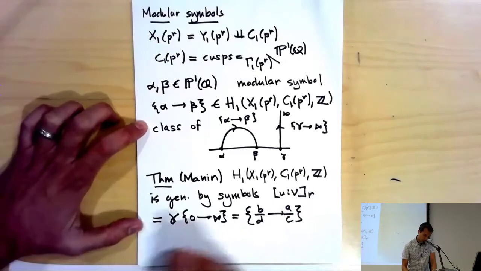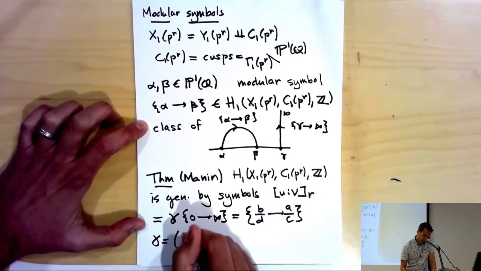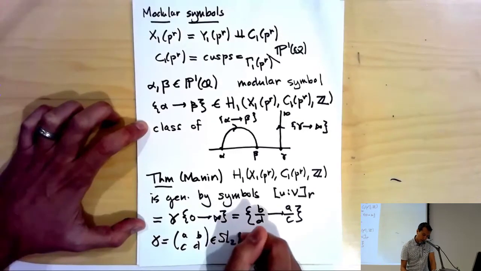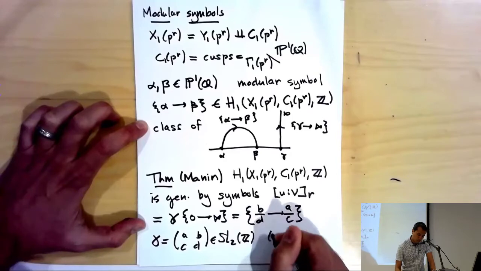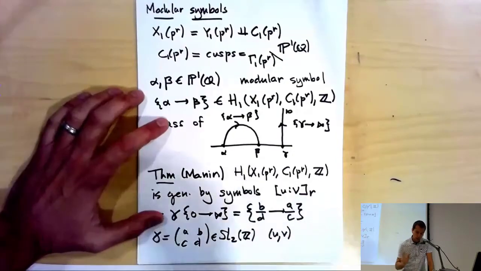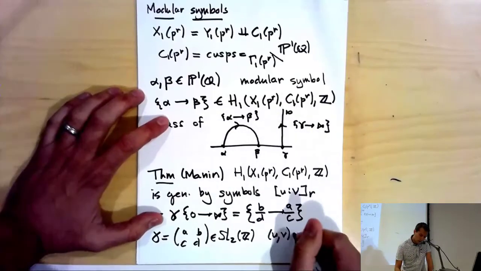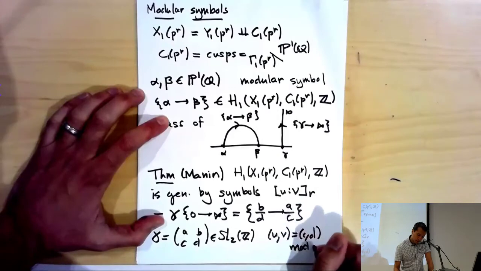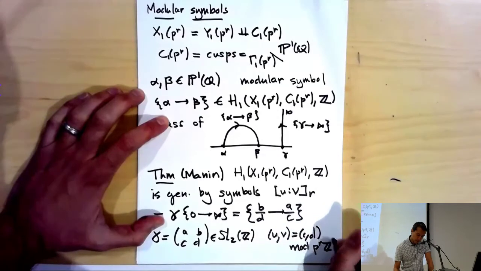So here, gamma is (A, B, C, D) in SL_2(Z), and (u,v), okay, so I didn't say where u, v are. Okay, so u, v are numbers mod p^r: (u,v) is (C,D) mod p^r, in (Z/p^rZ)^2.